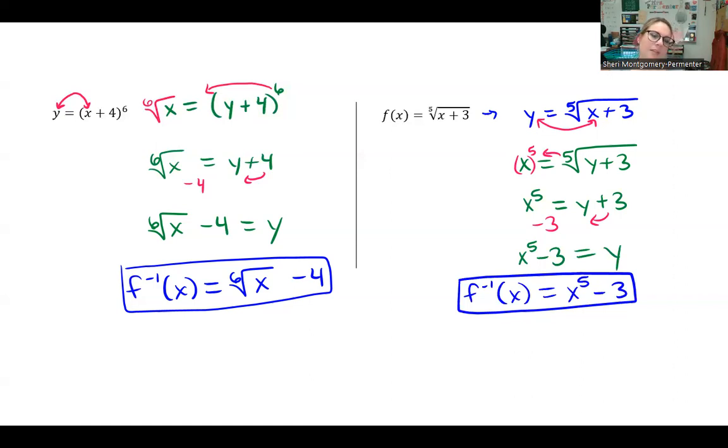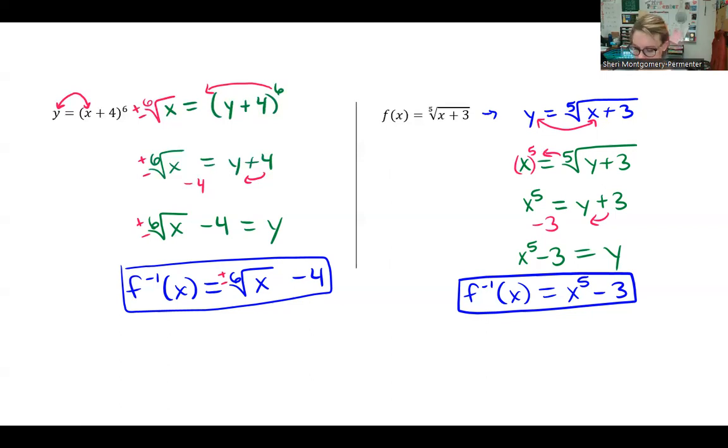I'm going to add something to this question technically because we just took the sixth root. Anytime you take an even number root, you really need to do plus or minus. So I'm just going to put a little plus and minus. So because it's an even root, add plus and minus to that question.